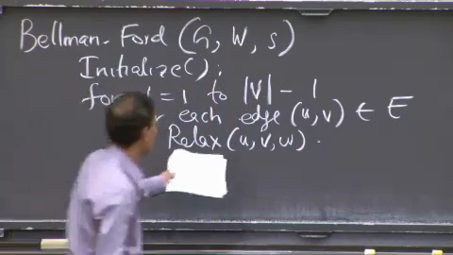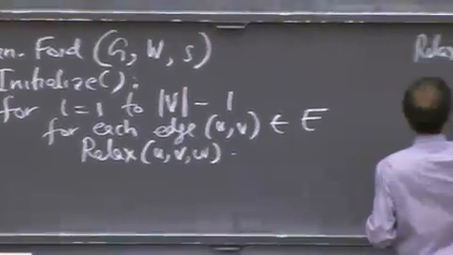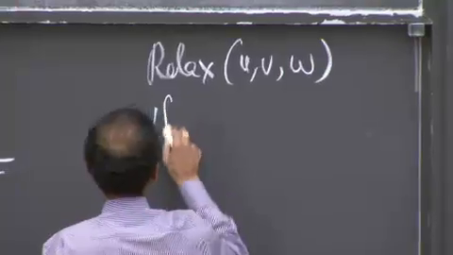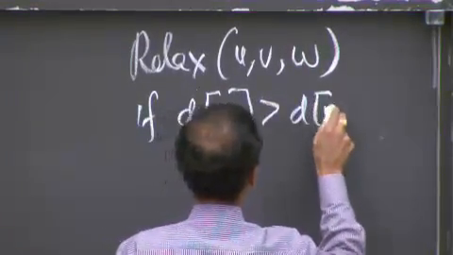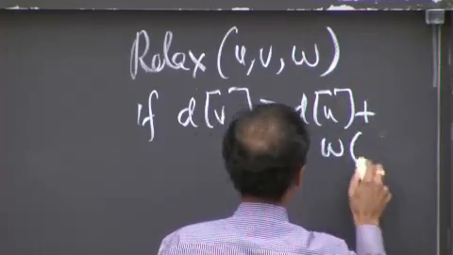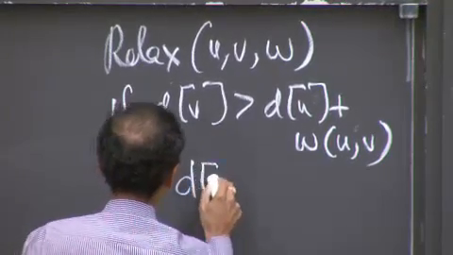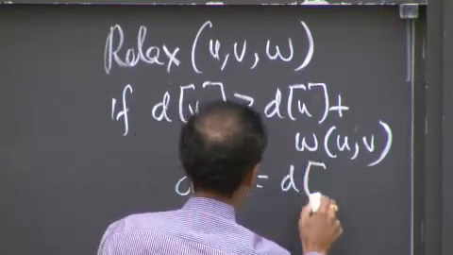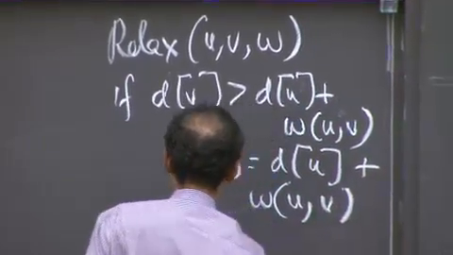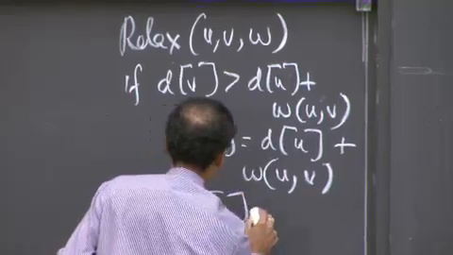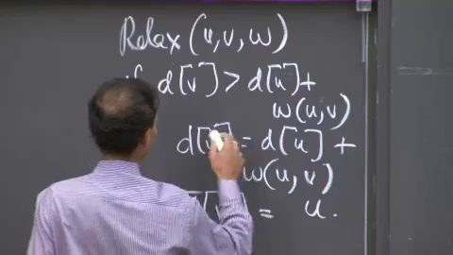And just so everyone remembers, relax uv w is: if d of v is greater than d of u plus w uv, then we'll set dv to be d of u plus w uv, and we also set pi v to be u. Okay.